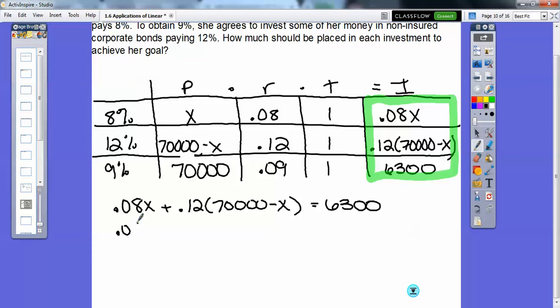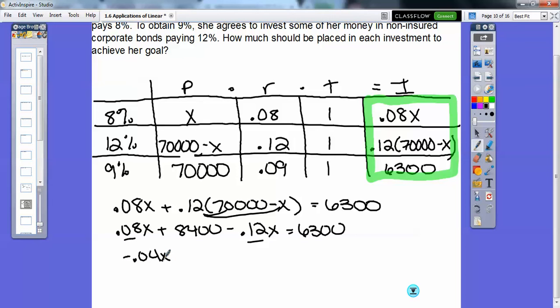Alright, so now we just solve. So if we distribute 0.12 times 70,000, and 0.12 times a negative X will be negative 0.12X. Okay, add like terms.